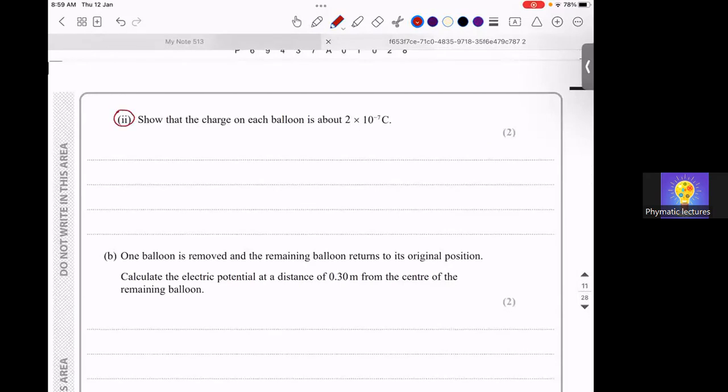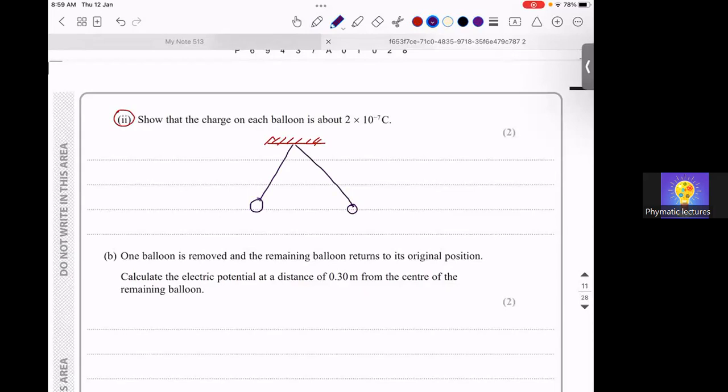Okay, in the second part, what is our question? Show that charge on each balloon is 2 into 10 raised to minus 7 coulomb. So again, we have drawn the same stuff. So these are the two balloons. Now they are already repelled.